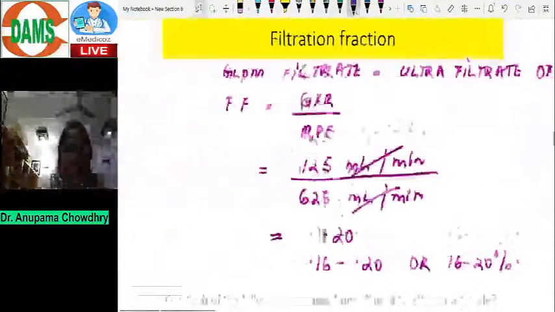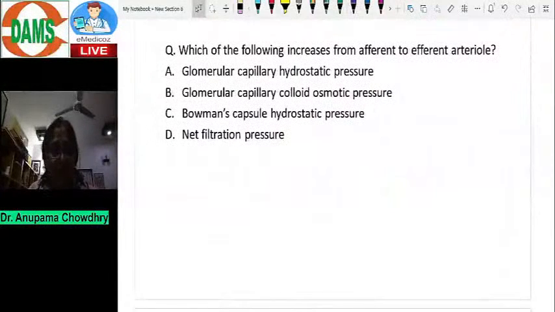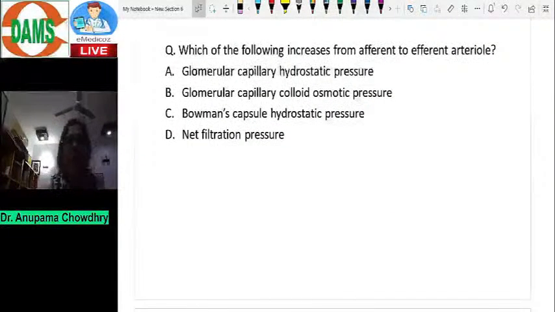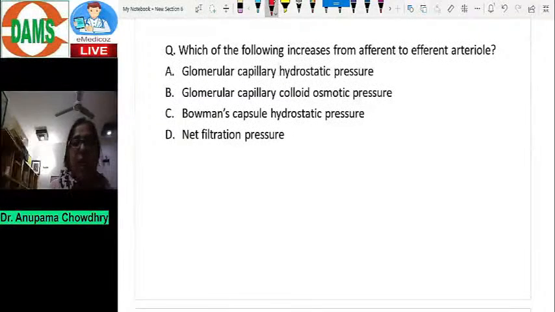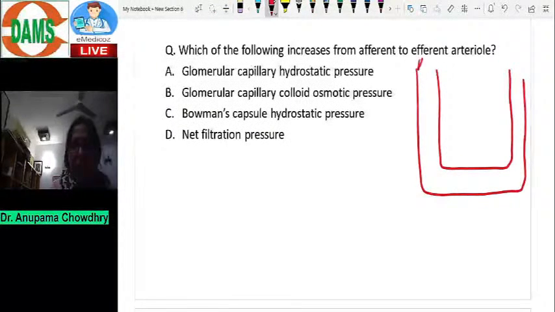Let's see the next point which I want to make over here. Now this is a very, very interesting question. This says, which of the following increases from afferent to the efferent arteriole? That means if this is the afferent arteriole, glomerular capillaries, efferent arteriole, blood moves in here.